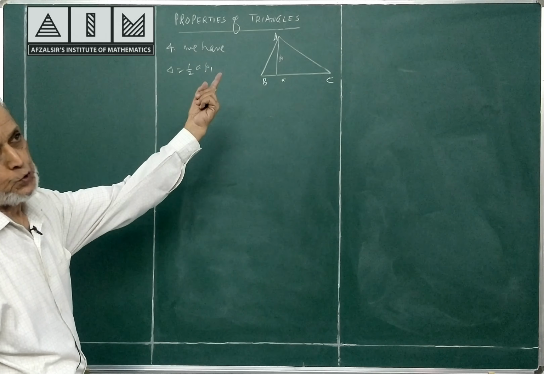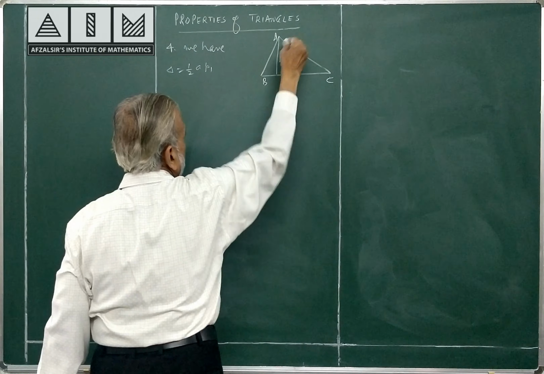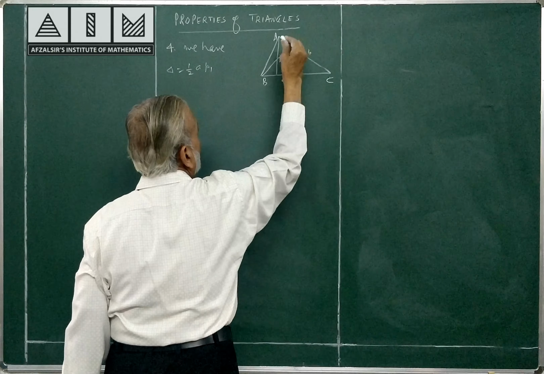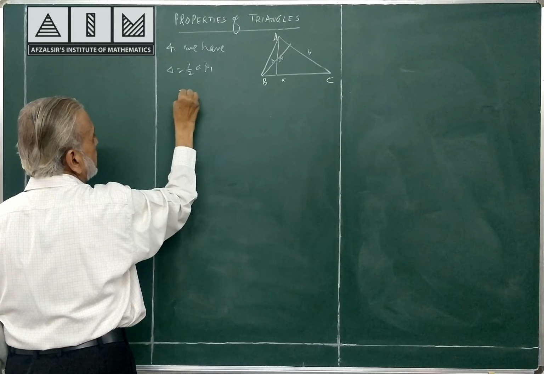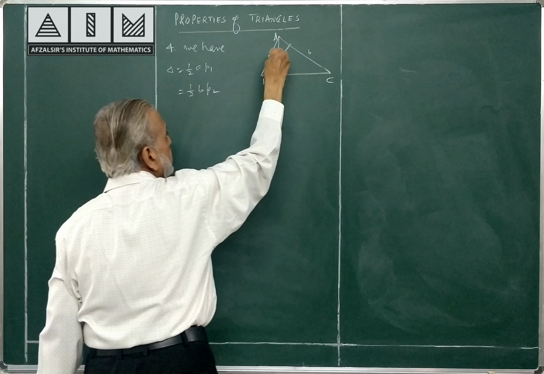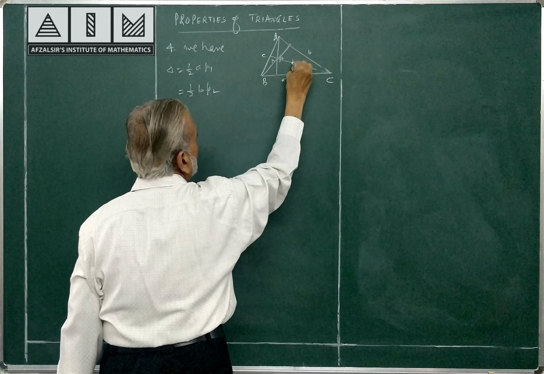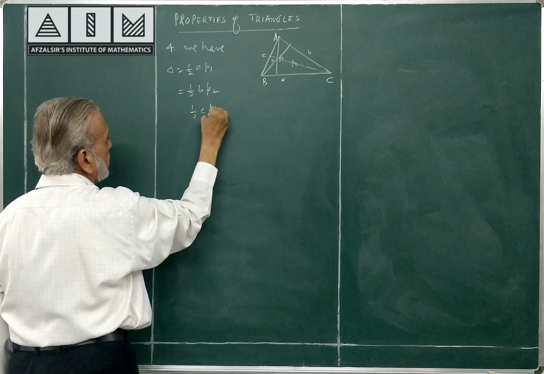One by 2 base into height. 1 by 2 base into height. Similarly, there can be a perpendicular on this side, P2. So delta is equal to 1 by 2 B P2. Similarly, there can be a perpendicular here on C, P3, 1 by 2 C P3.